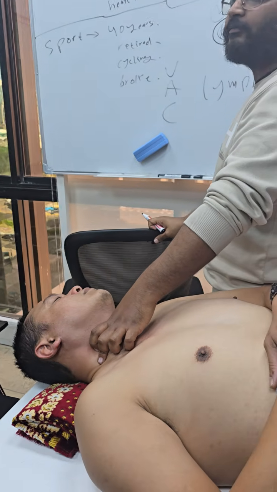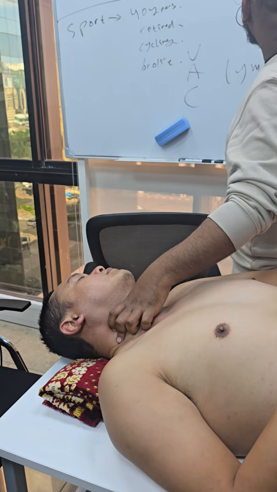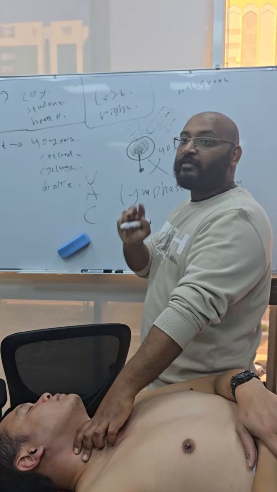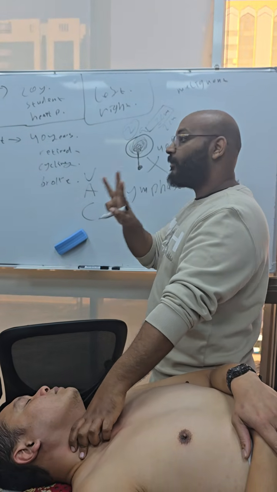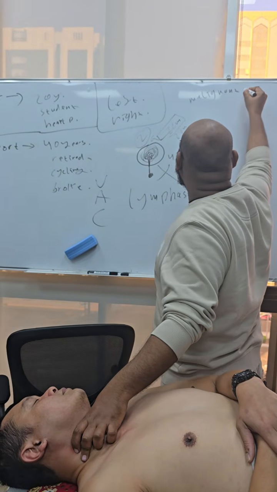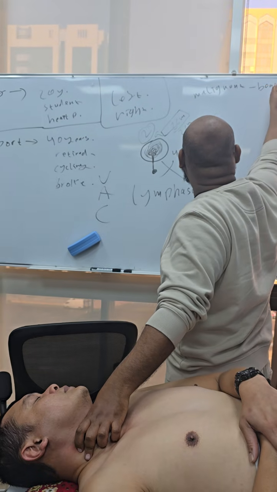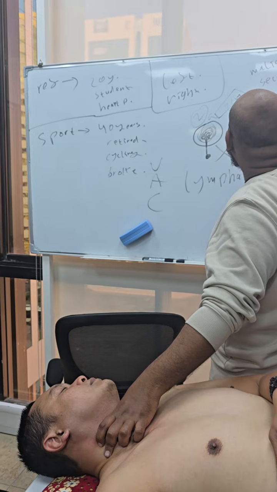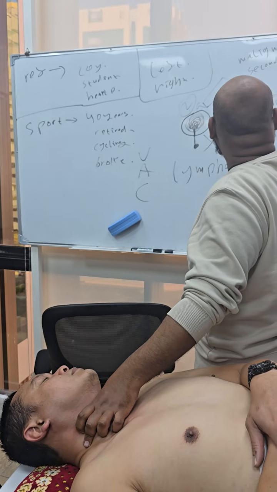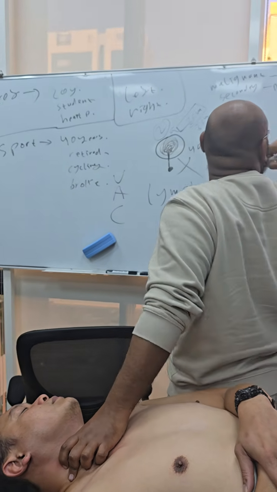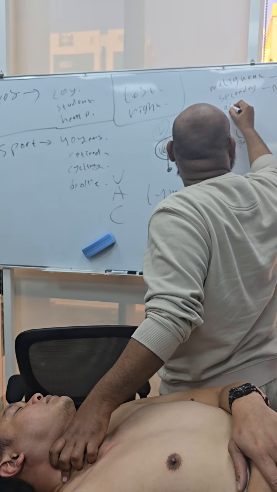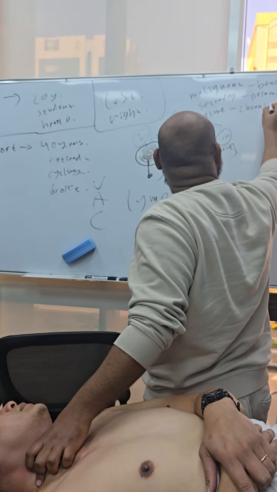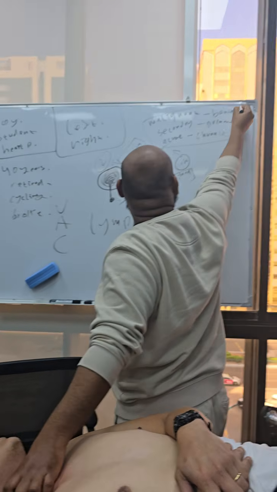It might be malignant, because lymphatic edema has three classifications: either malignant or benign, either secondary or primary, either acute or chronic. These are the classifications of your lymphatic edema.